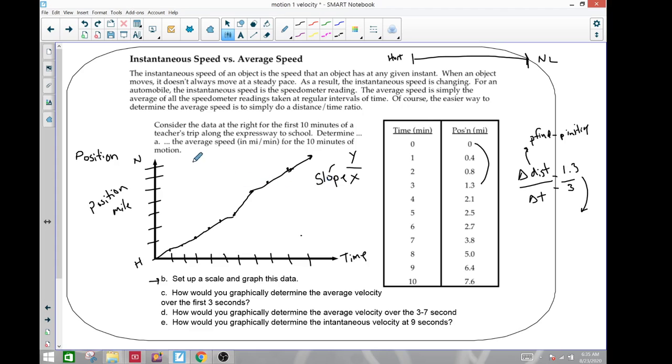So my rise, in this case, is your change in position. And your run is time. All right, so keep in mind, you're always going to be dividing for your slope.